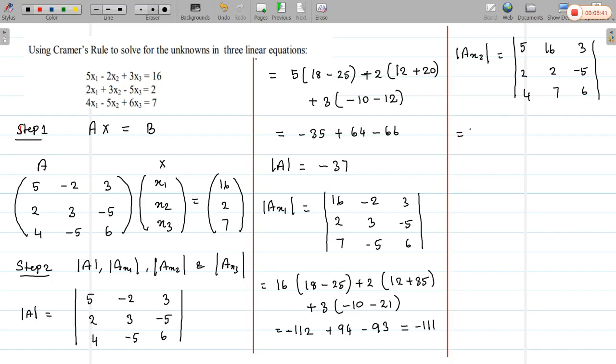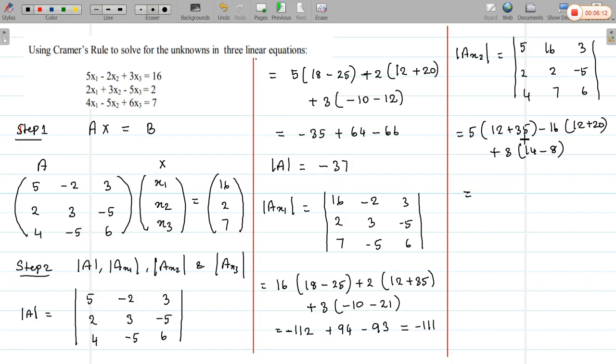So this is equal to 5 multiplied with 12 plus 35, minus 16 multiplied with again 12 plus 20, plus 3 multiplied with 14 minus 8.